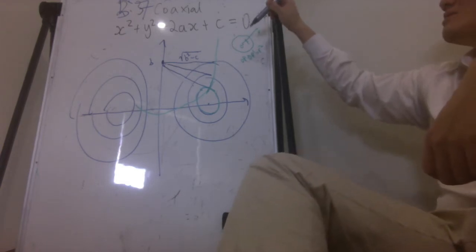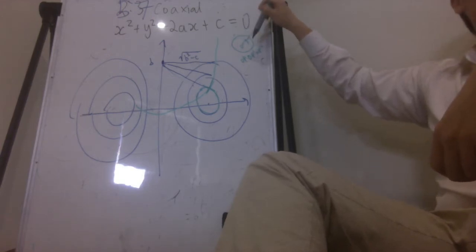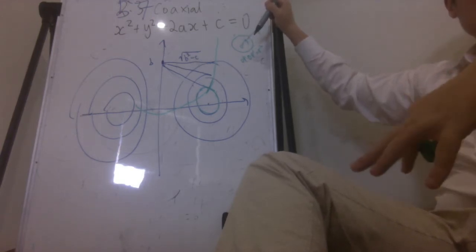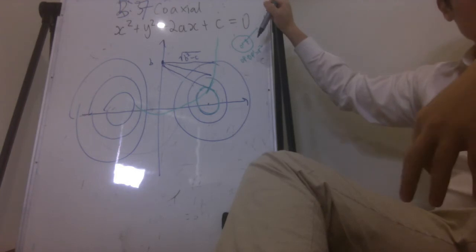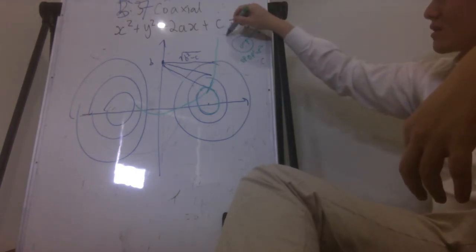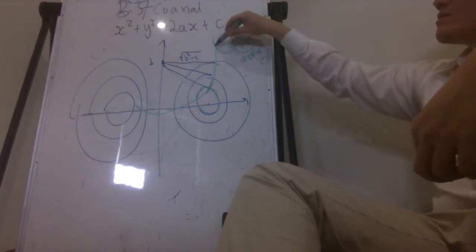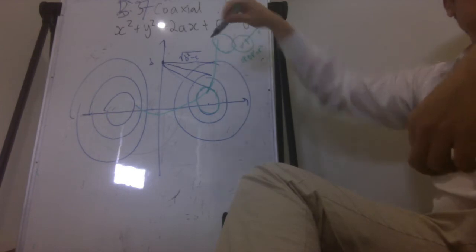But basically, the circles orthogonal to the inverting circle are exactly the circles that get inverted to themselves. So if you had a circle like here and it's orthogonal, then all the points end up going onto the same circle.